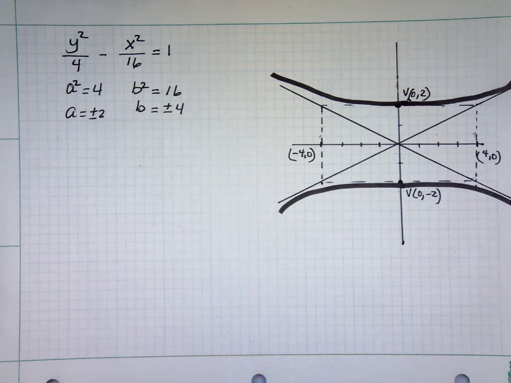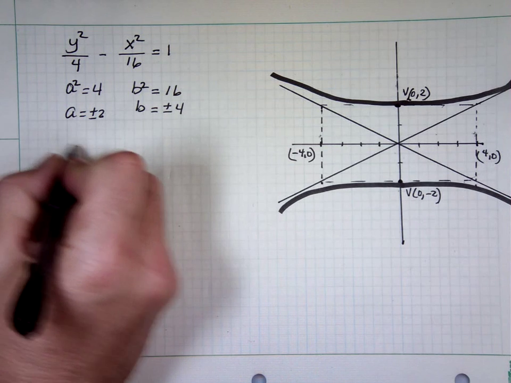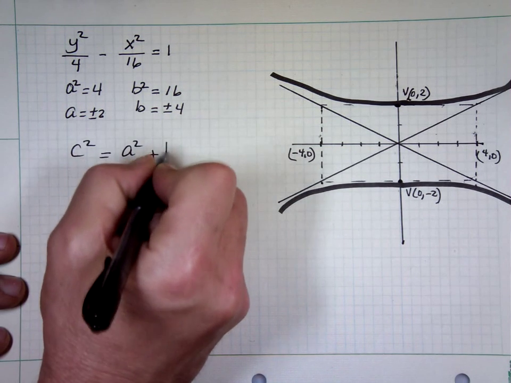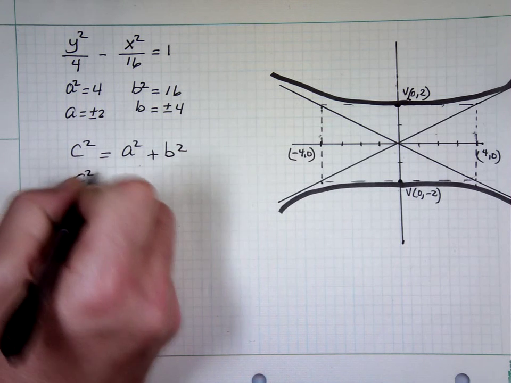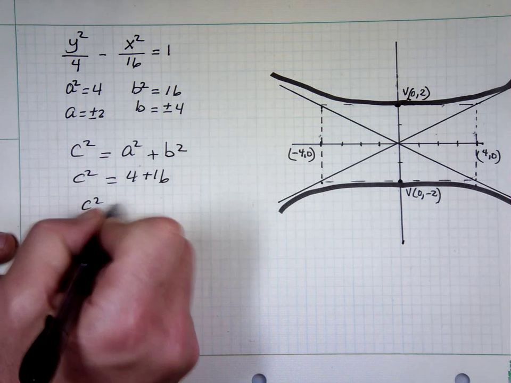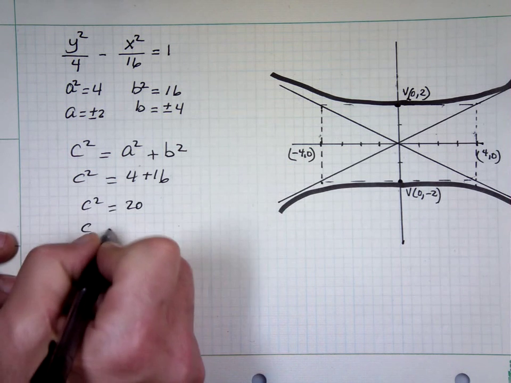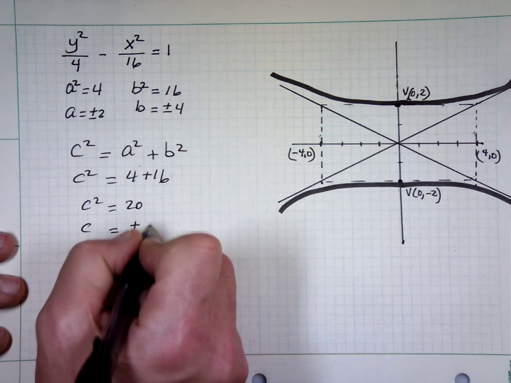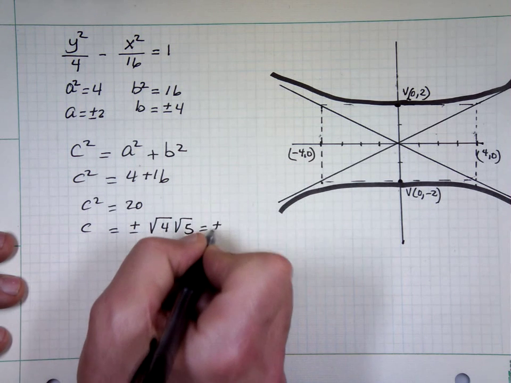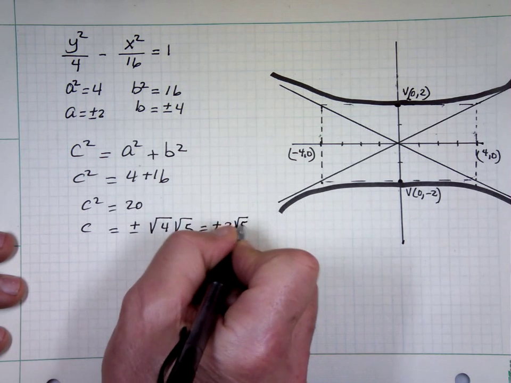Again, to find the focal point, c squared equals a squared plus b squared. C squared equals 4 plus 16, which is 20. C equals plus or minus the square root of 20. 20 is 4 times 5, which is plus or minus 2 the square root of 5.